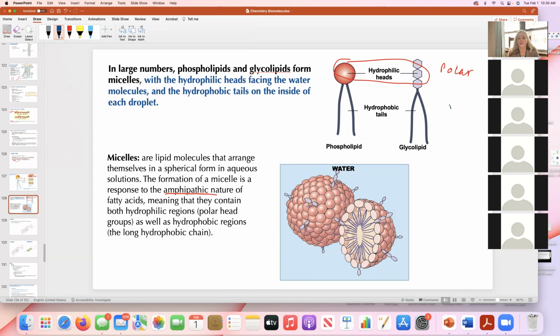All this down here is non-polar. So there are two things. They're amphipathic. They have both polar and non-polar in the molecule.